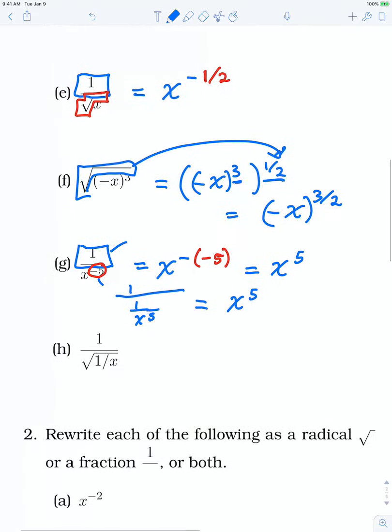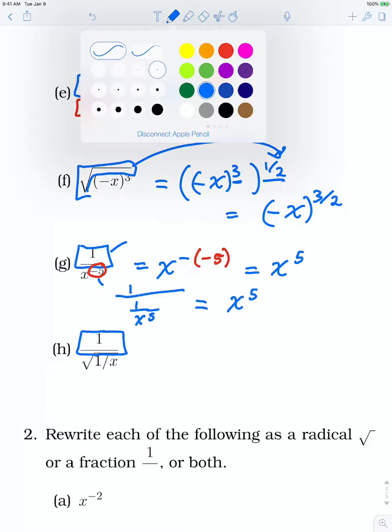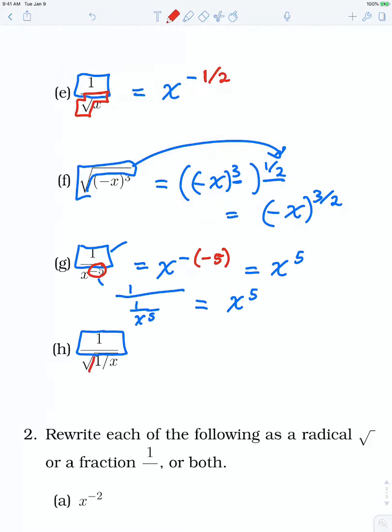All right, finally part H. So here I guess actually there's three things combined. There's the 1 over, and then there's a square root, and then there's another 1 over.